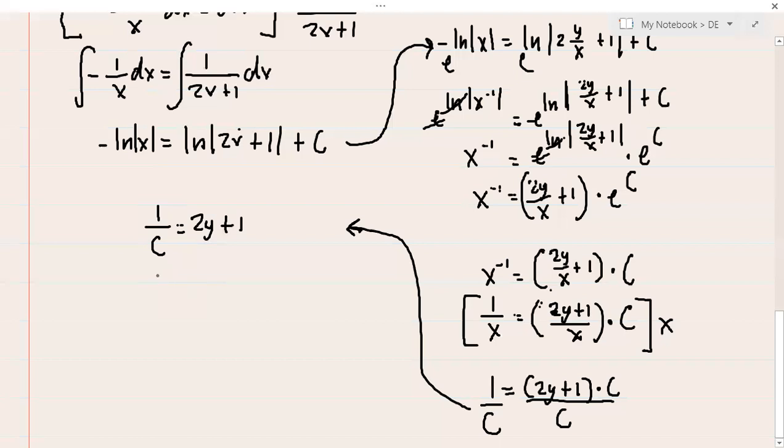Because again, the arbitrary constant is quite ambiguous. So, 1 all over c is just the same as c. So, we can have c is equal to 2y plus 1. Ayan na siya. That would be your final answer.